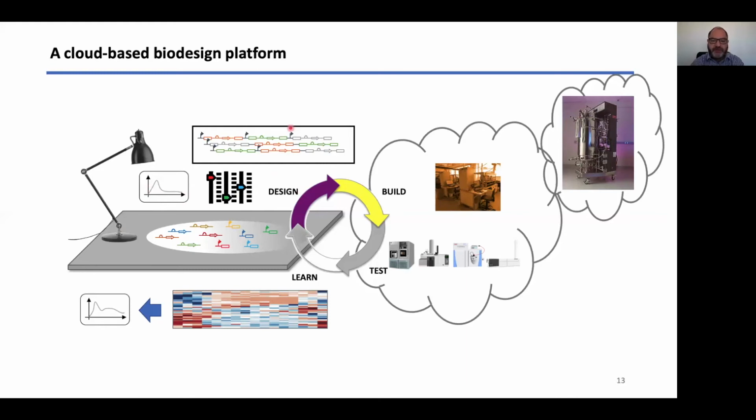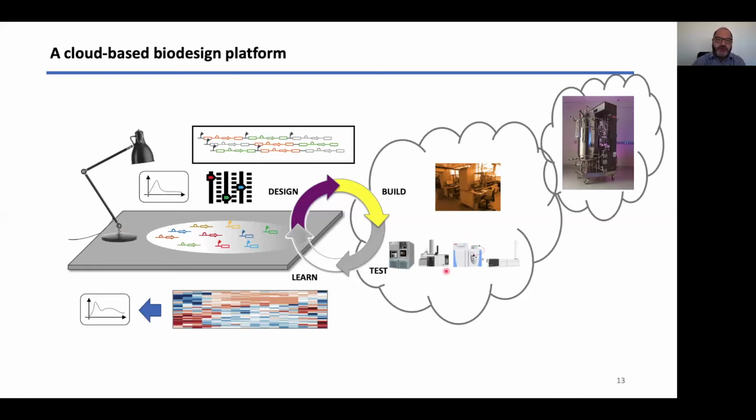And then once we have the design, this design is sent to the cloud, let's say. It's sent to a lab where, through automated standardized protocols, the library is going to be built and analyzed and eventually scaled up into fermenters. Perhaps you are sitting there in Portugal, but all of this experimental part has been performed in China or some other place.